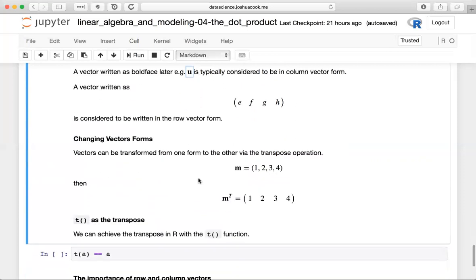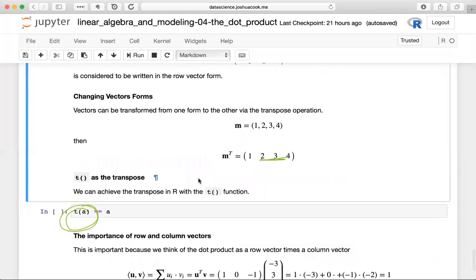And we can change between the two forms using an operation called the transpose. So if M is this column vector, 1, 2, 3, 4, then M transpose would be the row vector, 1 2 3 4. And R has this transpose operation that we can use to do this computation.